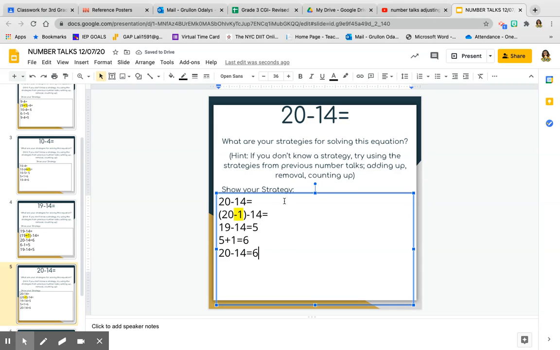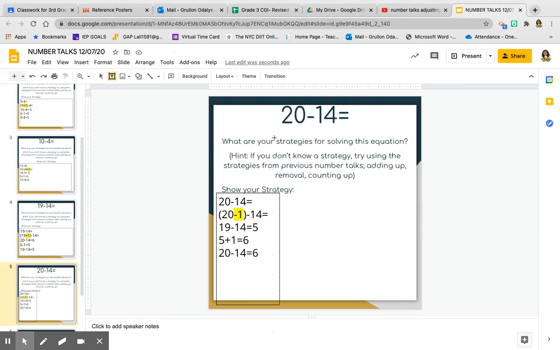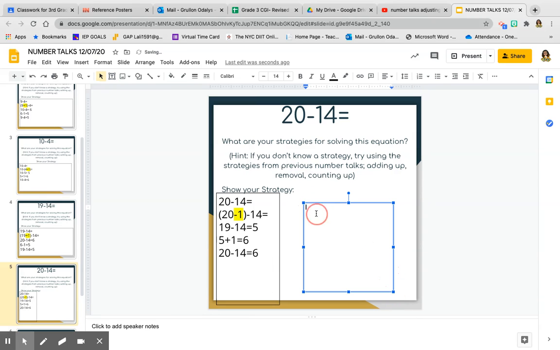I'm going to show you how to do it with changing the minuend. So I'm going to just add an additional text box here so that you guys can see it. Okay, so we're going to add one more text box so that you can see how it looks when I change the second number to get my answer.